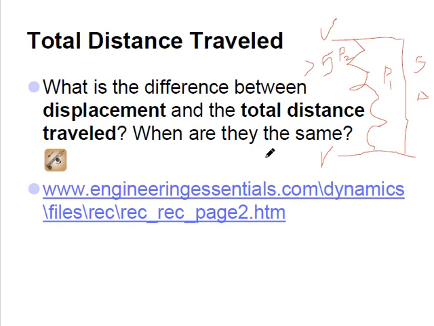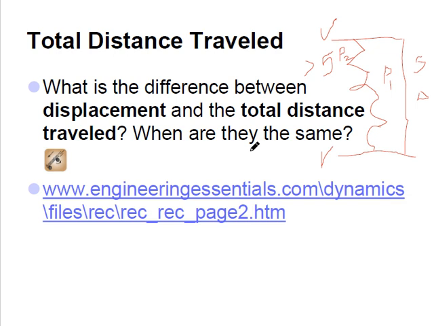If you go from here to here, taking a town road instead of the highway, going through the city, then it's going to take more time and more distance to get to the same destination. So that's your total distance traveled.